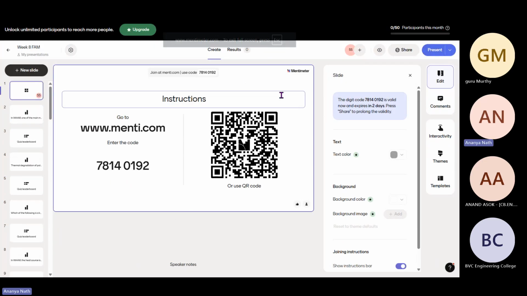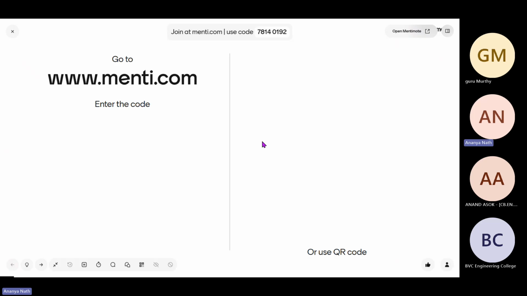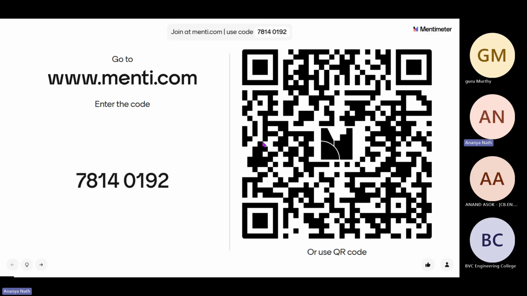So I would like to ask all of you to scan this QR from your mobile phone. It's a very simple game. You have already attended, I think. If you haven't, then you have to put your name. It's better to put your real name, and then there will be questions and answers, very, very easy MCQ questions. And you have to answer the MCQ questions on your phone.